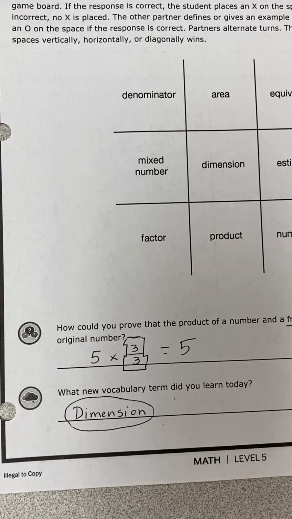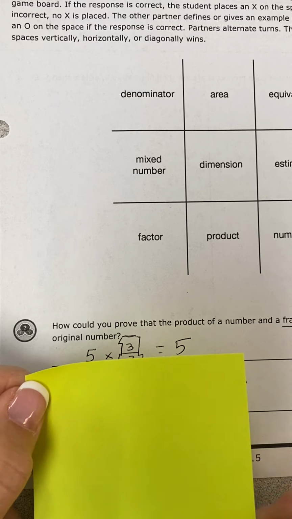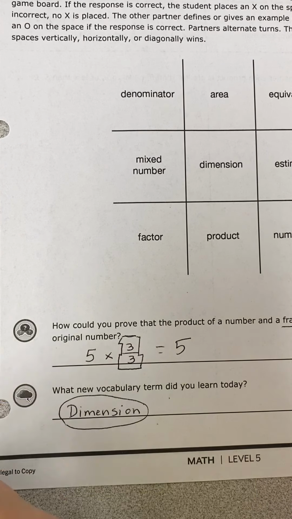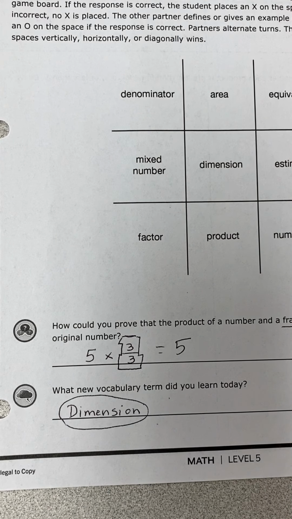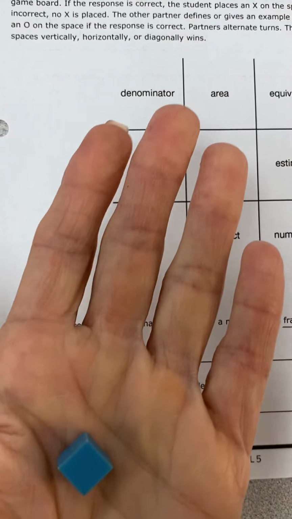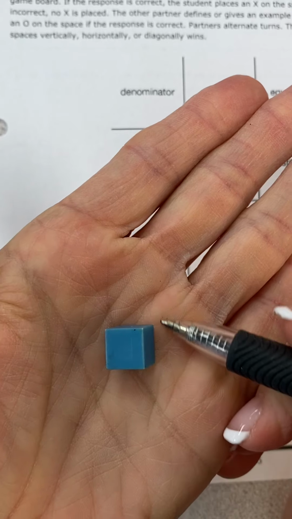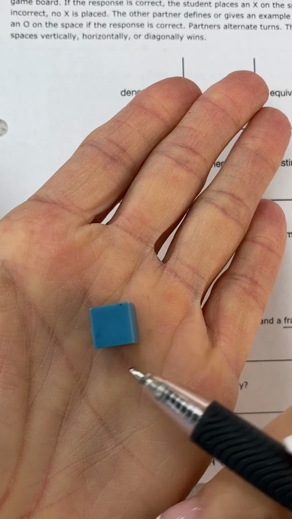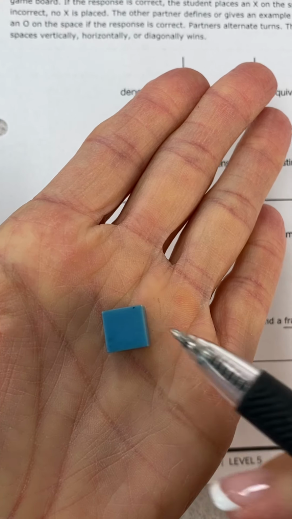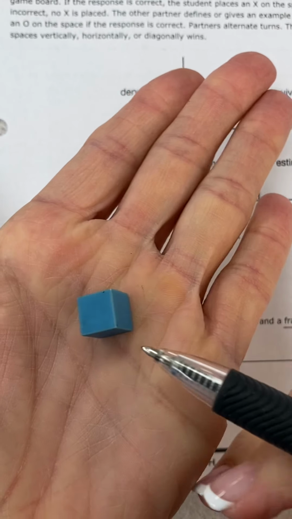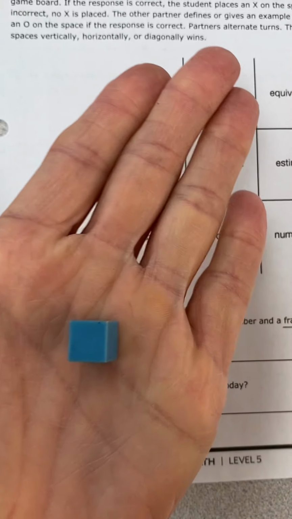Your 2 dimensions would be where you take a sheet of paper, like this Post-it note, you'd have a length and a width. And then, like I was showing you a second ago, something like a cube would be 3 dimensions because it has a length, a width, which is your base face it can sit on, but then it also has a height that it stands up, like the legs of a table.